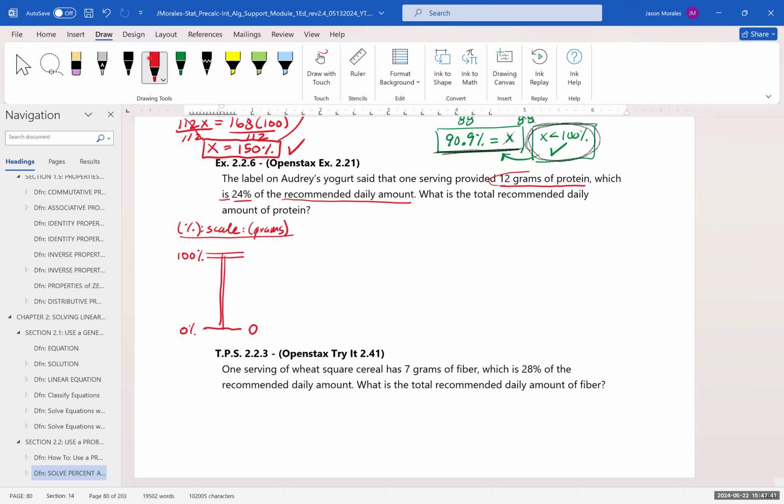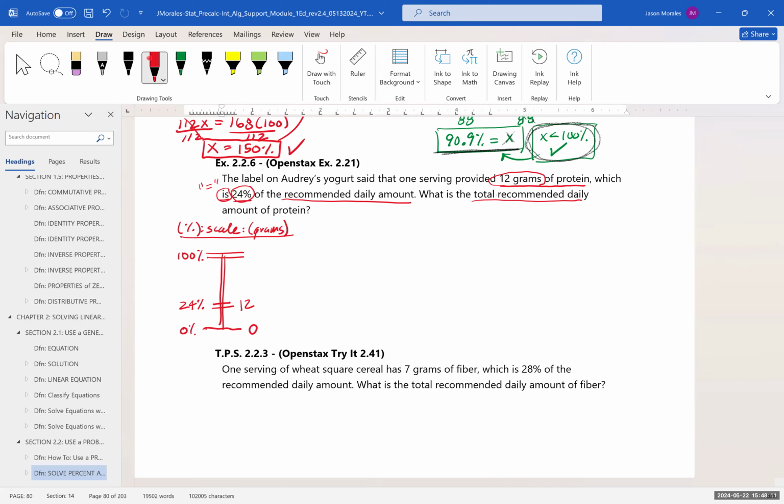Okay, so 12 grams is, so we can think of is as equal to 24%. So looking at our scale, we need to put 24%, and that's associated with 12 grams.